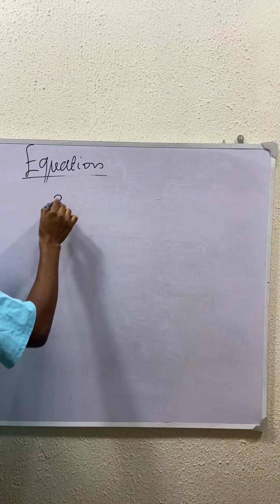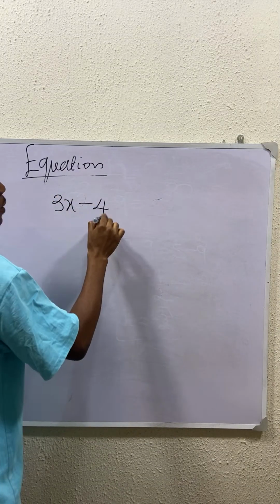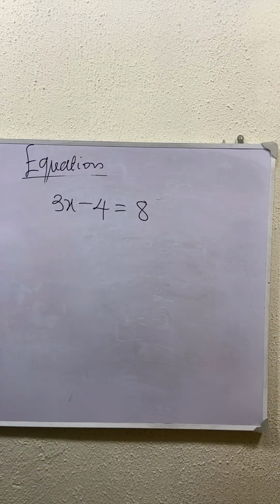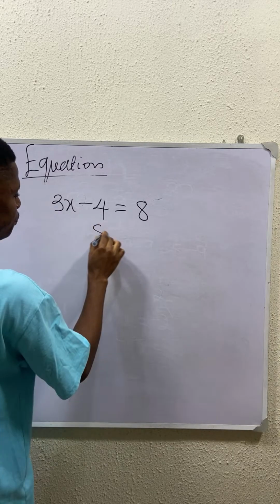We have 3x minus 4 is equals to 8. We are looking at how to find the value of x that can actually satisfy the given problem. For us to do that, it is very simple.